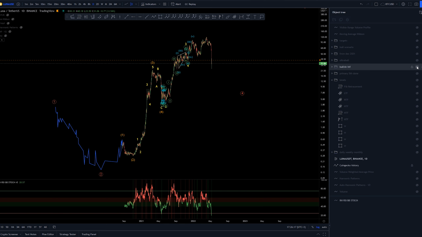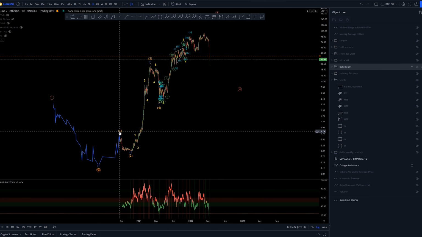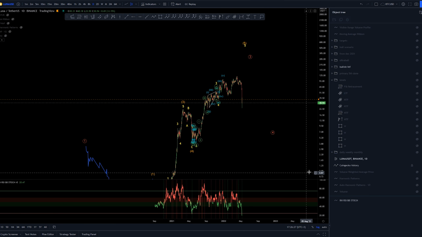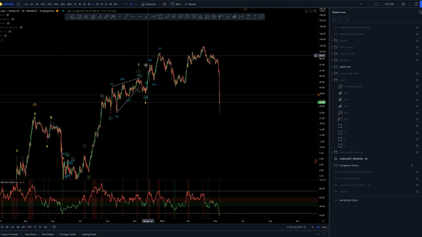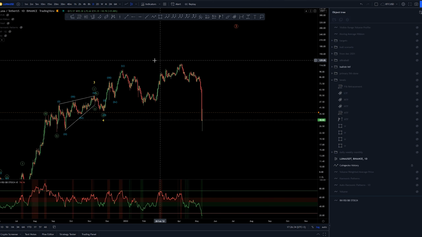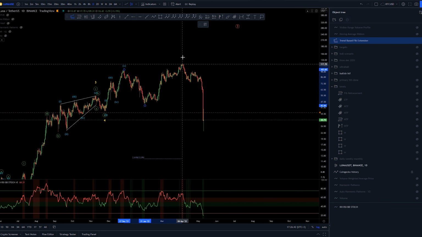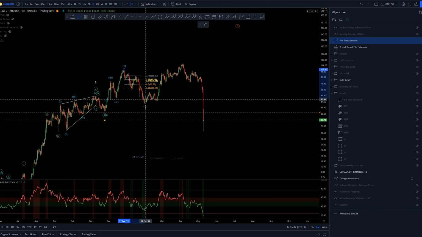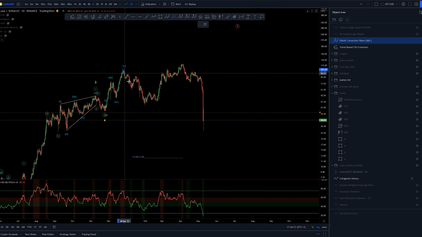Another possibility was this one, where we had primary 1, 2 here, and a smaller degree 1, 2, 3, 4, and 5th. At the time, or before, we were looking at this as a possible one here, but obviously this doesn't happen, or didn't happen. I guess it could still be a possibility, as this could be the B wave, sorry, A wave here, something like this.